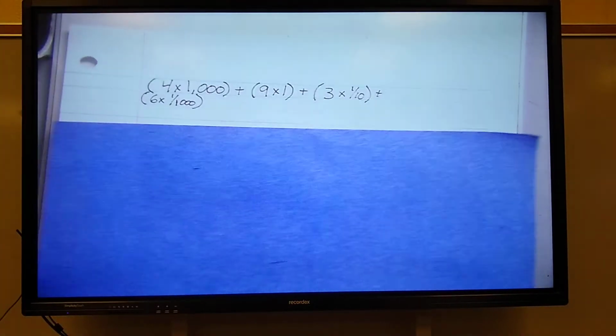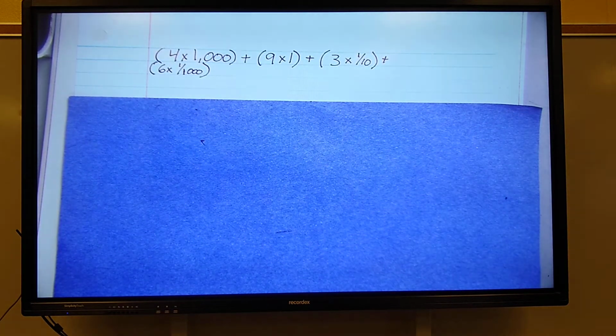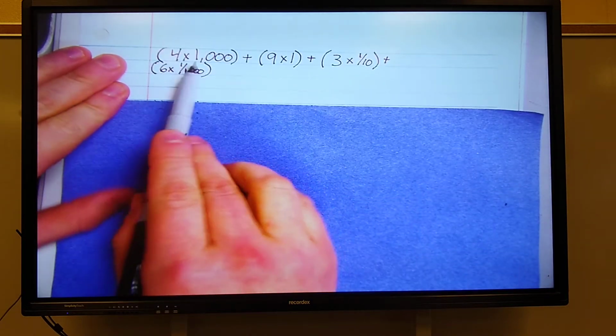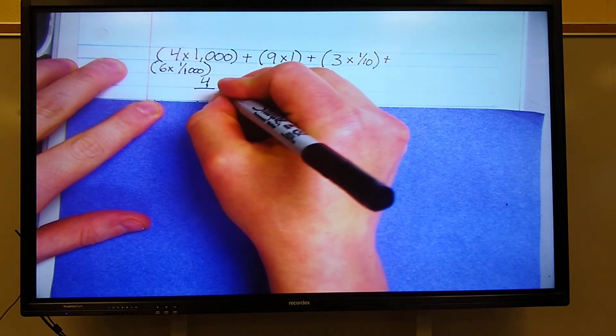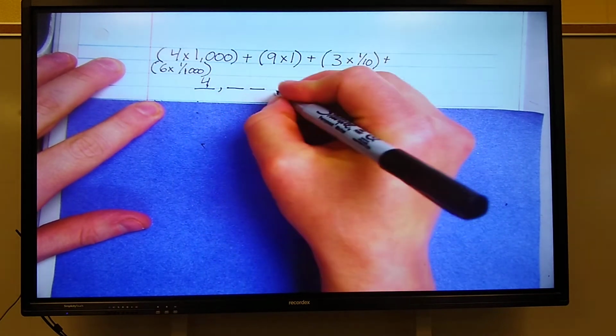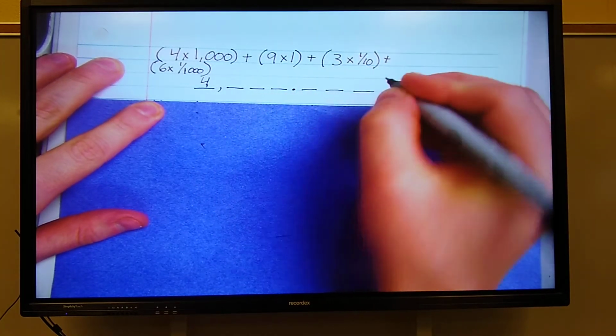Hopefully I didn't. Do the same thing to this expanded form. Put this in standard form. Pause the video. All right, let's see how good you did. Now this says 4 times 1,000. So 4 is in the thousands place, comma, hundreds, tens, ones, decimal, tenths, hundredths, thousandths.